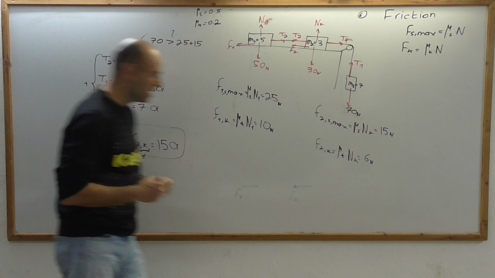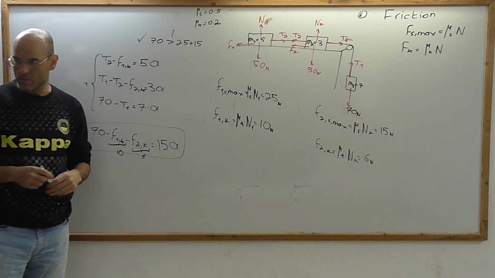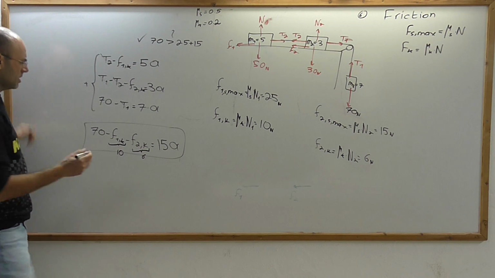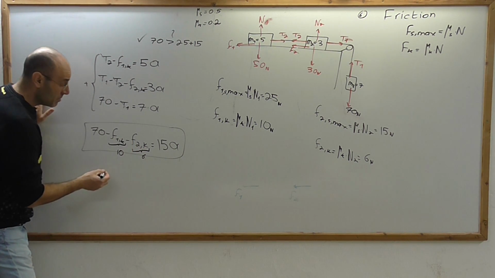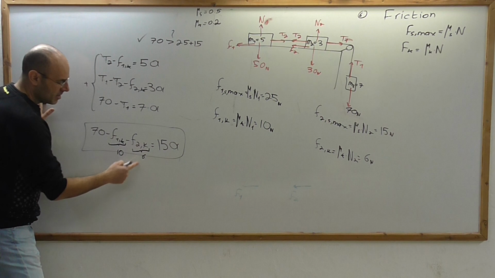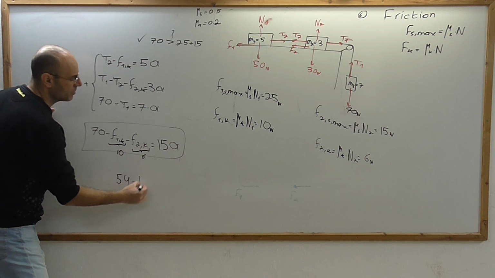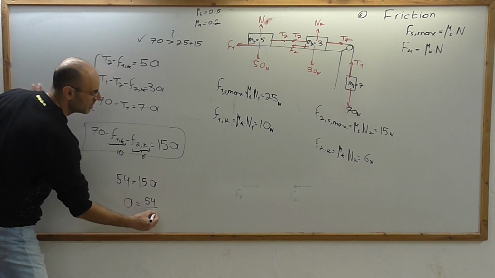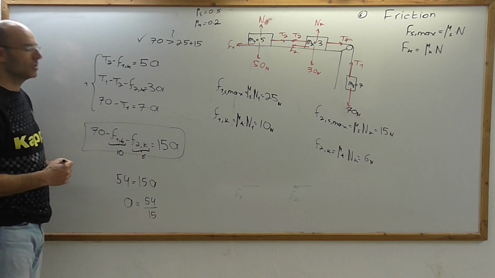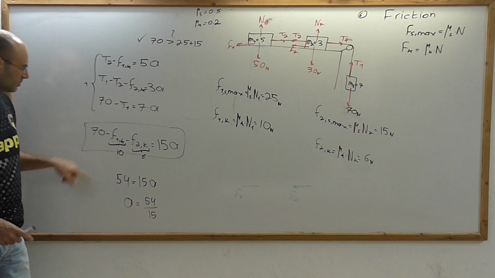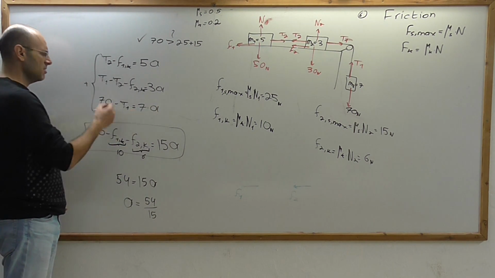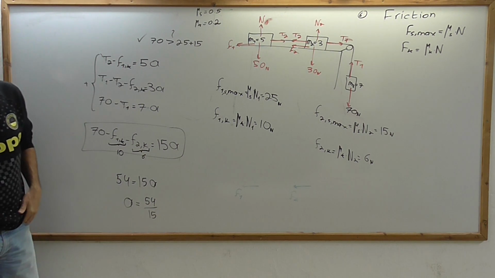So 60 minus 6, 54 equals 15A. A equals 54 divided by 15. If I want tensions, I place it here and find the tensions, it's easy from here.